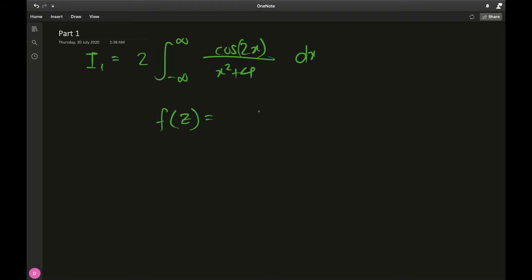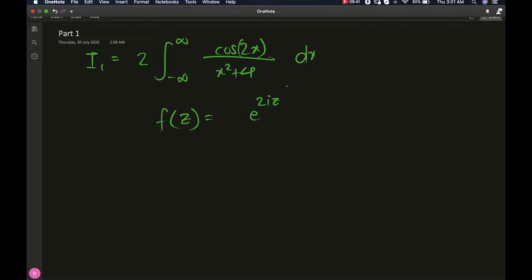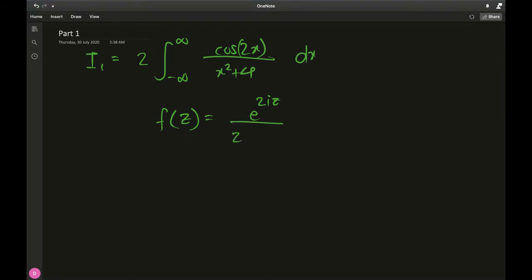F of z we can define as e to the 2iz divided by z squared plus 4, where z is a complex number defined by x plus iy, by just notational convention. Now we have our complex function.